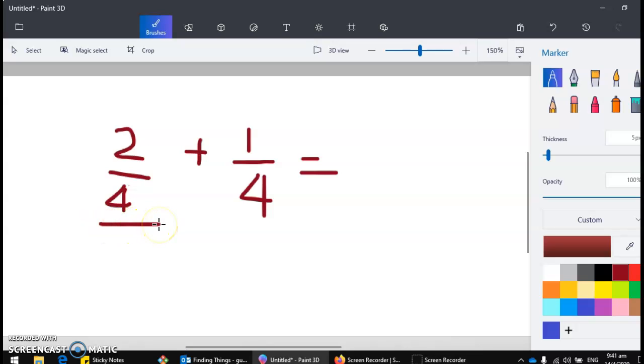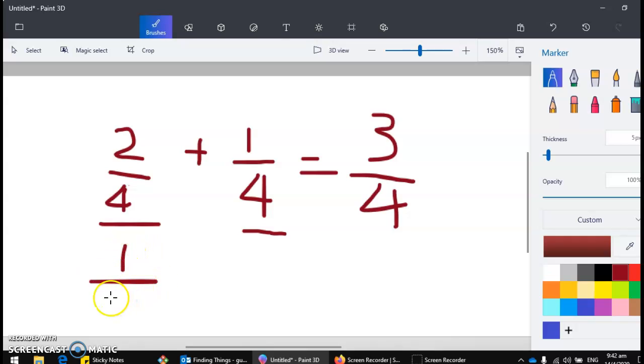In this instance, the denominator is 4 and the denominator is 4. So, is the denominator the same? Yes, it is. So, we can just add 2 plus 1 is 3, and the denominator 4, we just put 4.